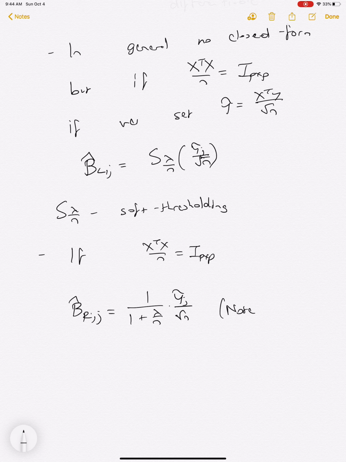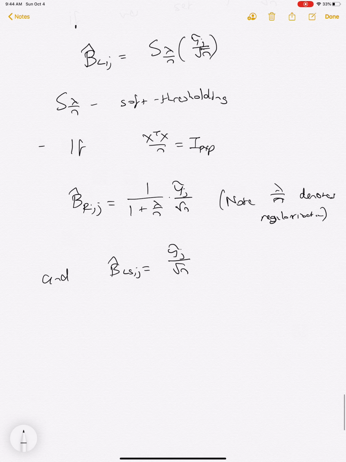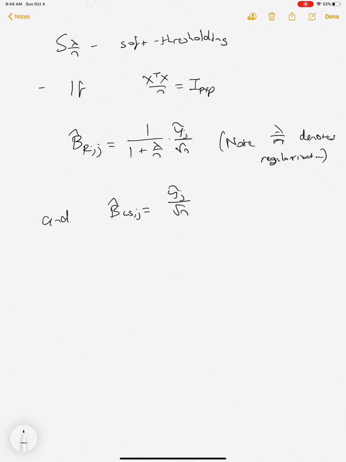So note again here that lambda over n denotes regularization, and then the obvious thing here is the least squares estimator also just has this nice form as well. So you can see what each of these estimates is doing side by side.